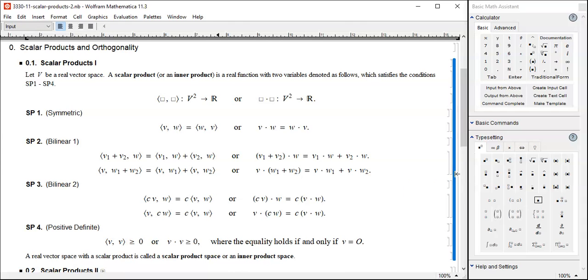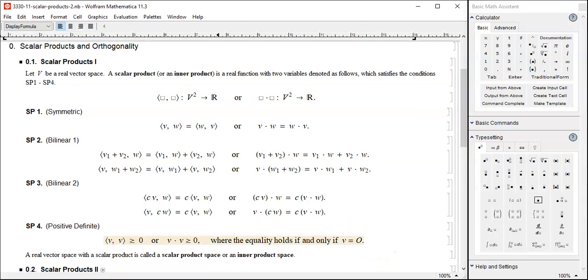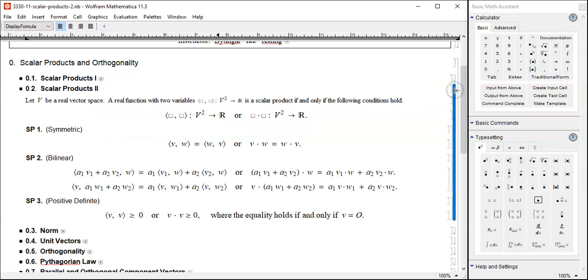Okay, let's move on to the last property here. Positive definite. For any vector, the scalar product by itself is always non-negative and equal to 0 if and only if it is a zero vector. Here's an equivalent expression of the scalar product.